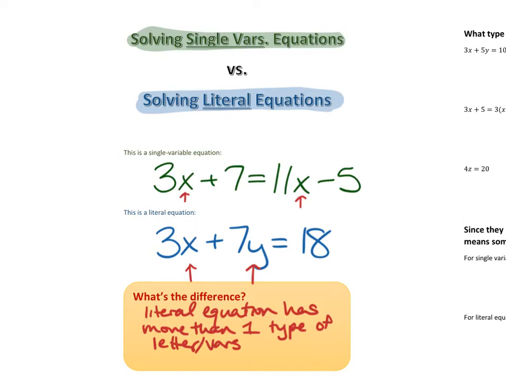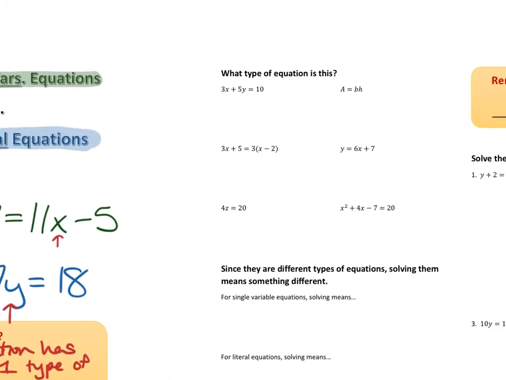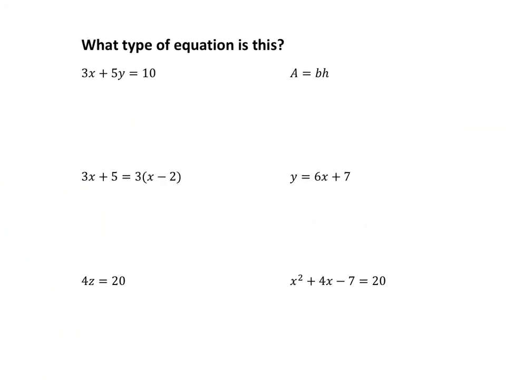So let's practice trying to classify these two types of equations. If we look at the first equation here, to answer the question, what type of equation is this? Do you notice that you have both a y and an x going on here? You have two types of variables. That makes this a literal equation.